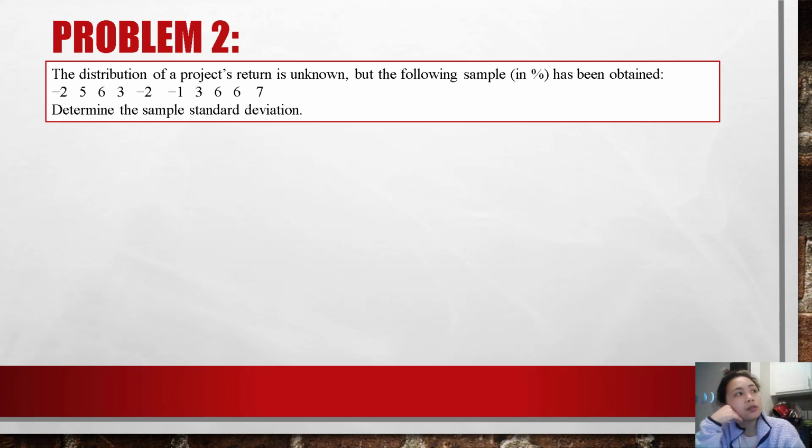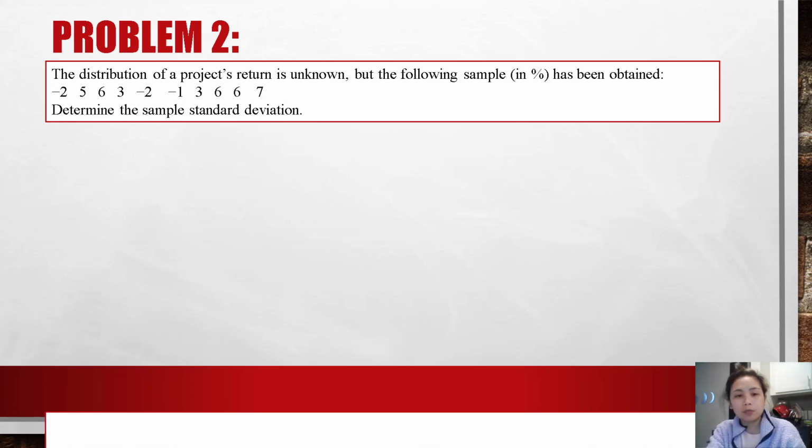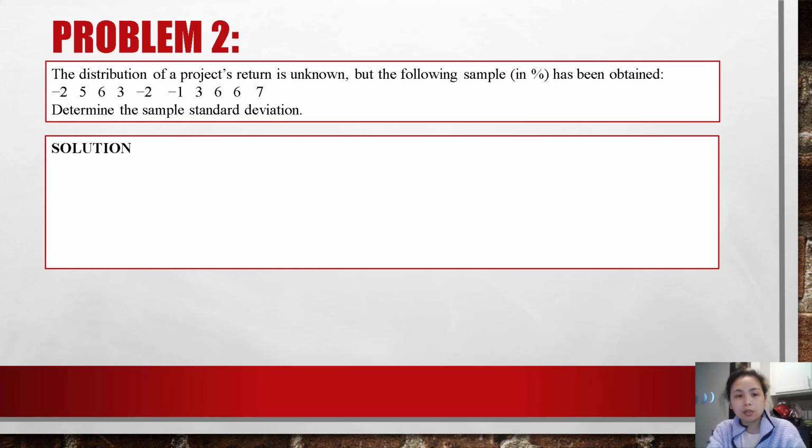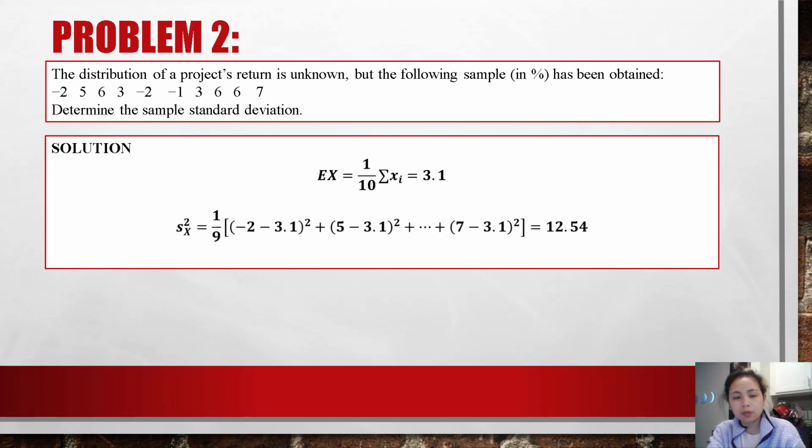In order to determine the sample standard deviation, we need to first determine the sample mean. The sample mean is calculated by adding all the numbers together and dividing by the sample size. So we got 3.1, and from here we calculate the sample variance. Sx squared is equal to 1 over 9, since the sample size is 10.